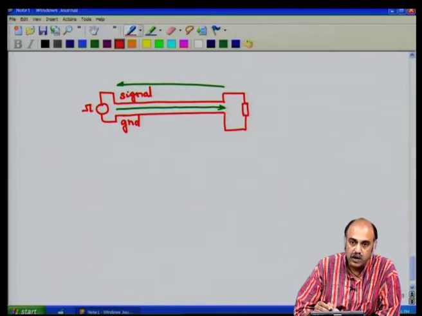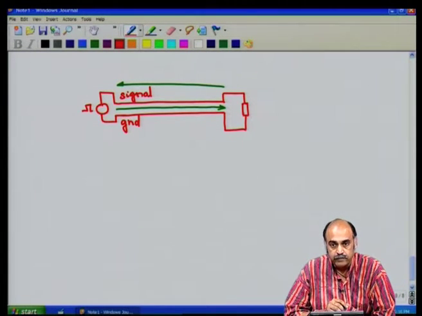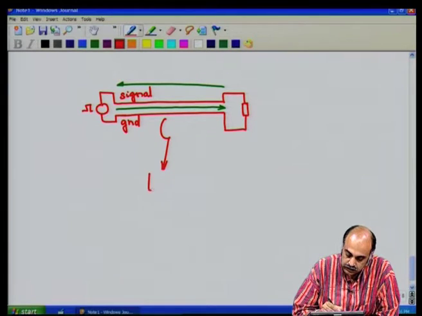The voltages are not what we expect, and these can cause overshoots and undershoots and probably trigger a particular digital state when we do not want it to. So, these effects come under the analysis of what we call transmission lines.